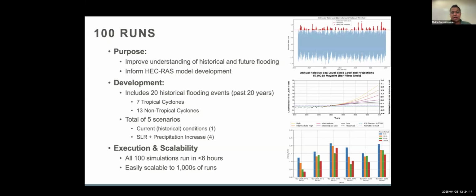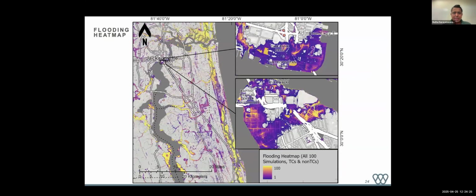Then we came up with a set of 100 runs, with the idea of learning what the flood patterns are in the city. From the 100 runs we produced a flooding heat map, which really helped us understand which areas of the city were vulnerable to compound flooding impacts, and make sure the HEC-RAS model development considered these regions as we went towards probabilistic hazard characterization.